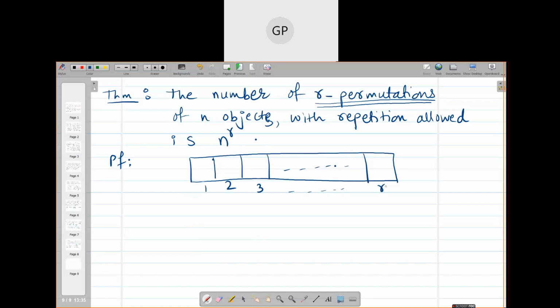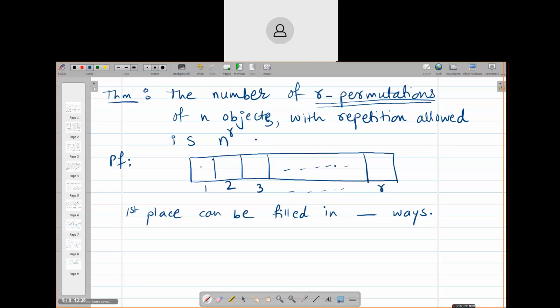Are you getting it? You have how many objects? N objects. And you have how many places? R places to fill in. And repetition is allowed. So first place can be filled in how many ways? How many choices are there for the first place?